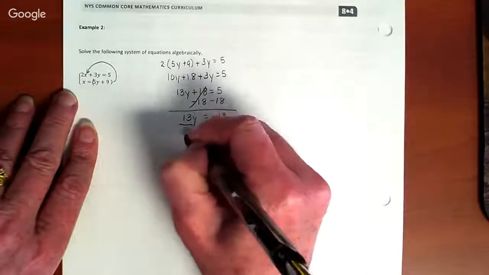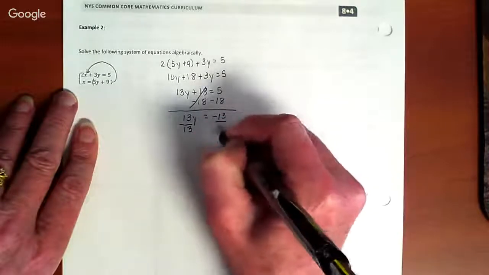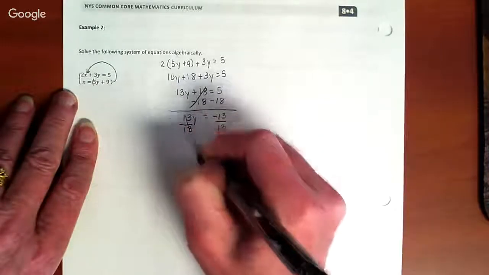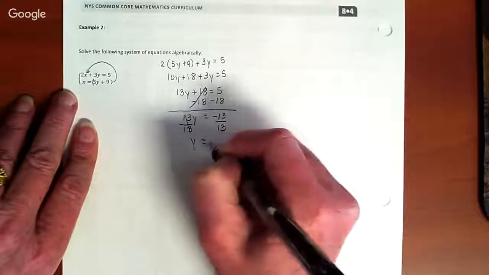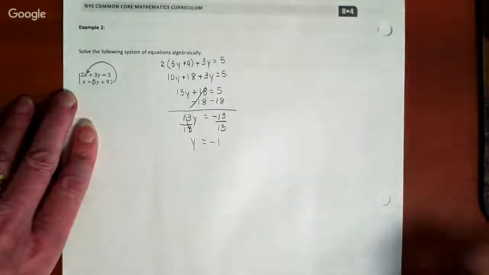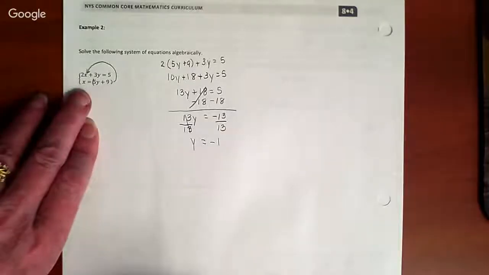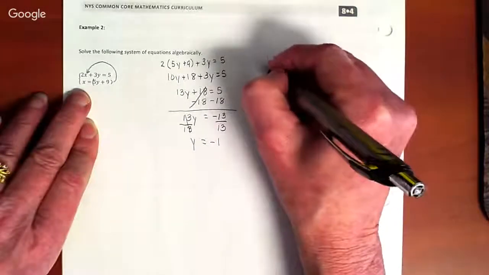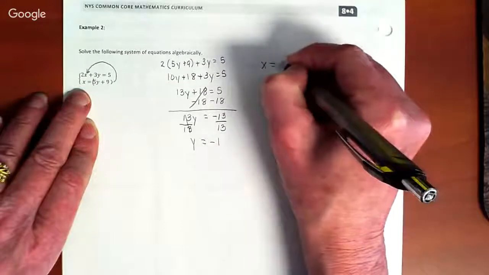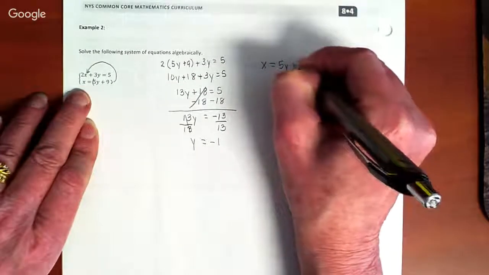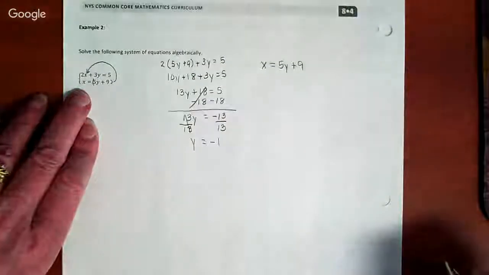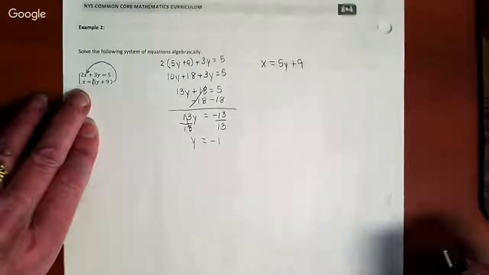Divide both sides by 13. So now I have y equals -1. Now I'm going to put this into my equation x equals 5y plus 9, and I'm going to solve for x.